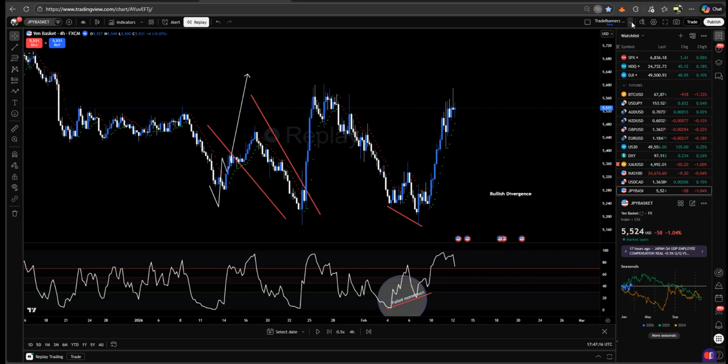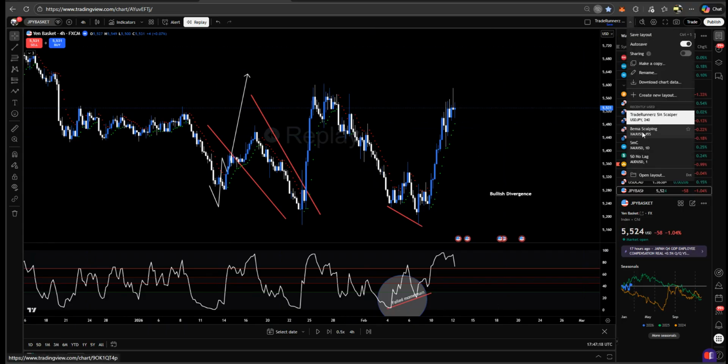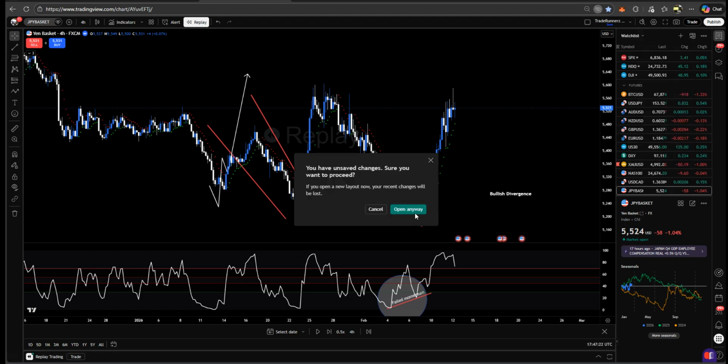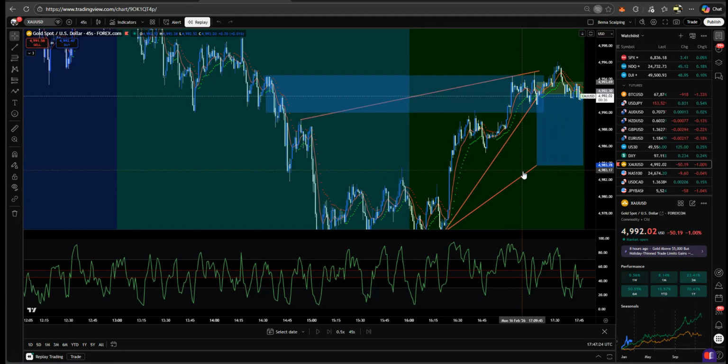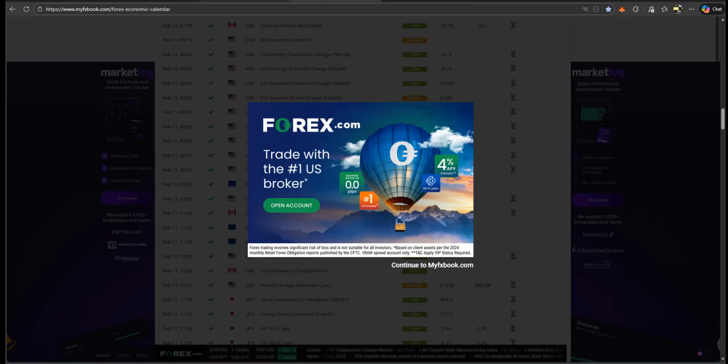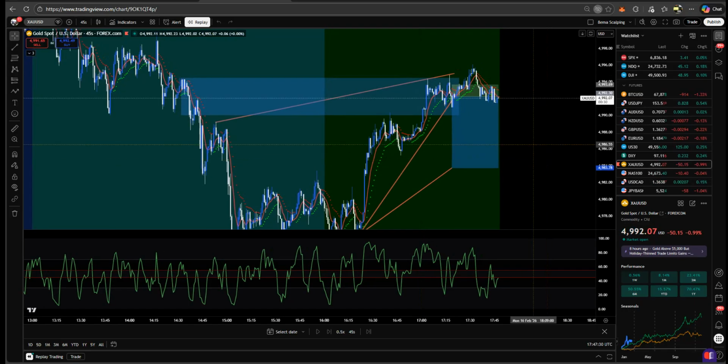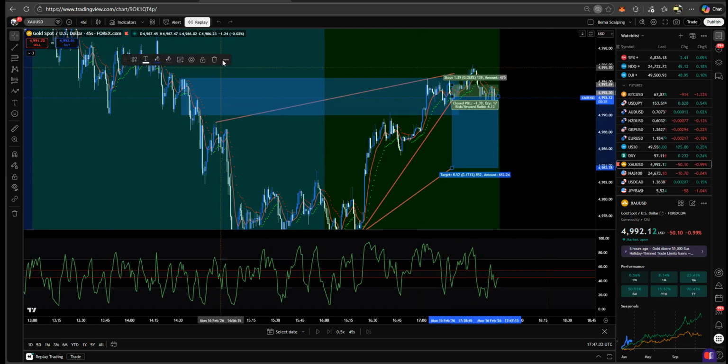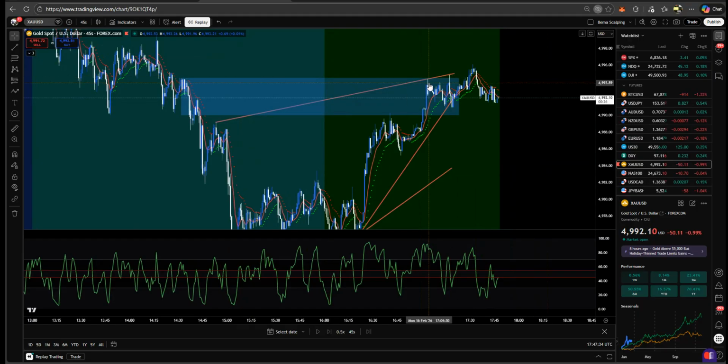I got one system here. I call it the Crazy 8 scalping, and I'm gonna open it just to show. Okay, that took me somewhere. All right, here it took me.